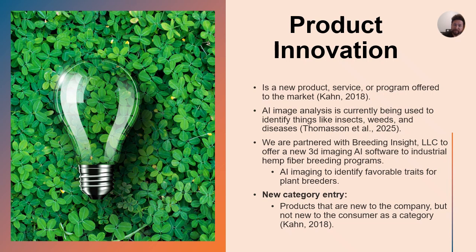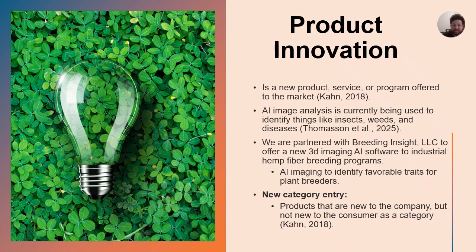Our partnership with Breeding Insights, LLC, enables us to introduce a new imaging software package tailored to industrial hemp stalk morphology. For industry stakeholders, this is a new category entry, meaning it isn't new technology offered to consumers, but it's new to the companies and institutions developing it.